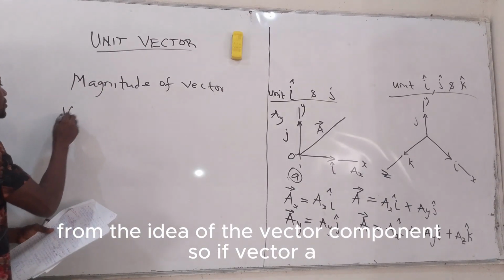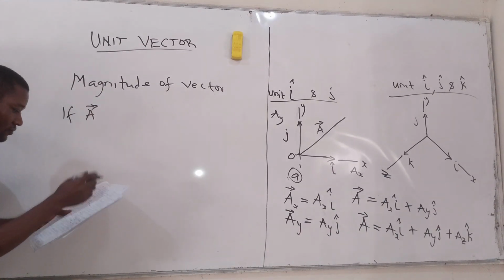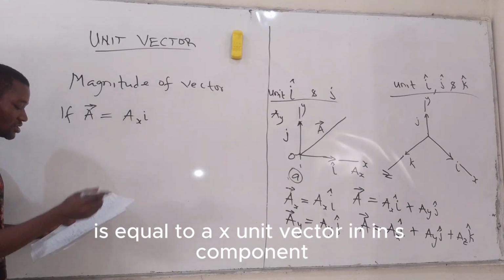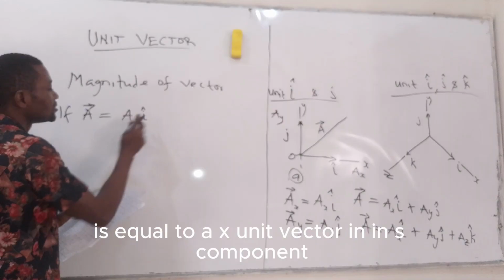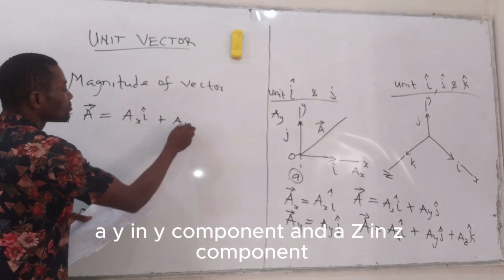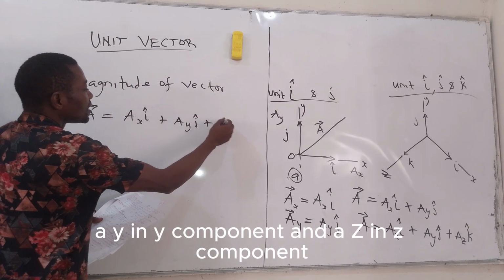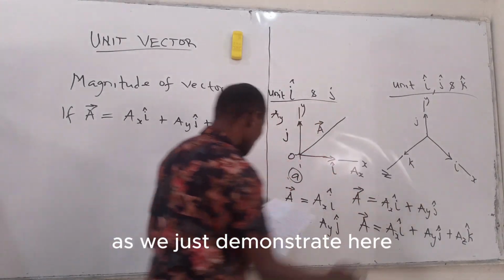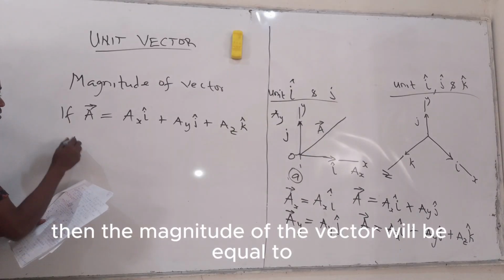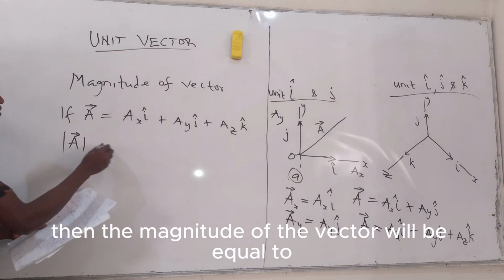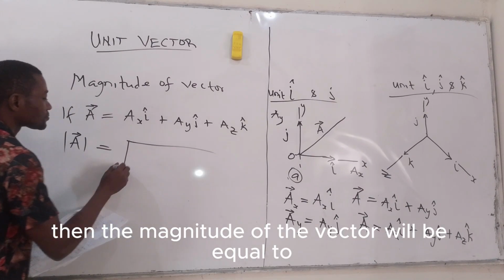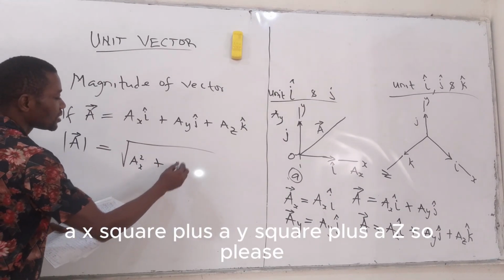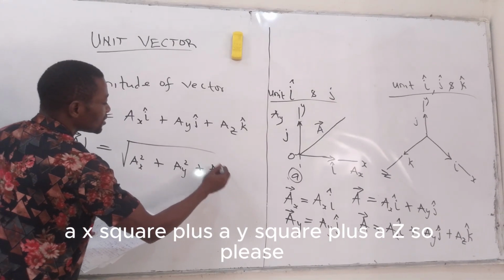So if vector A is equal to ax in the x component, ay in the y component, and az in the z component, as we just demonstrated here, then the magnitude of the vector will be equal to the square root of ax squared plus ay squared plus az squared.